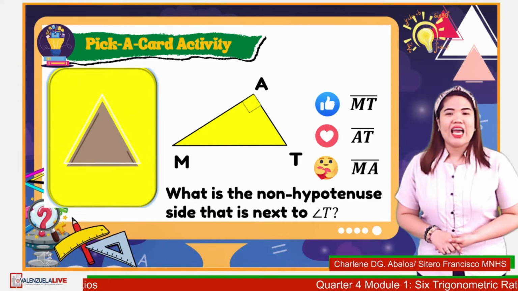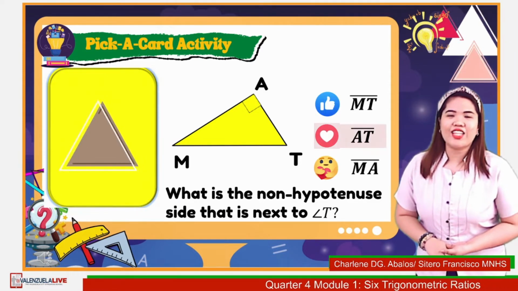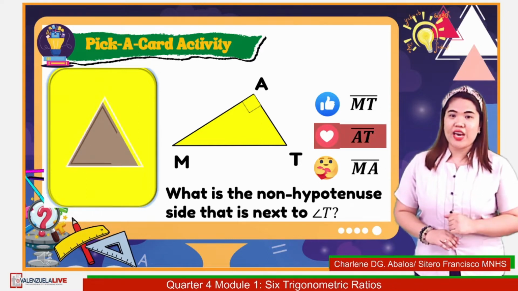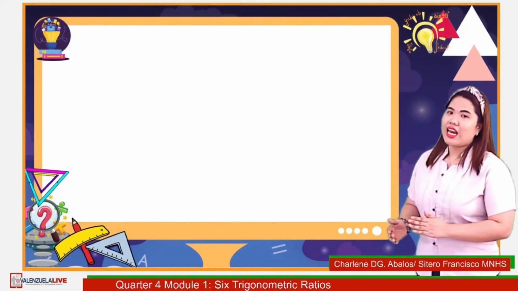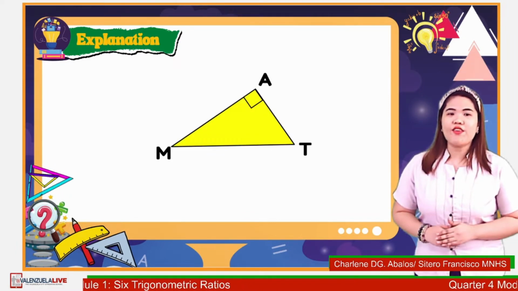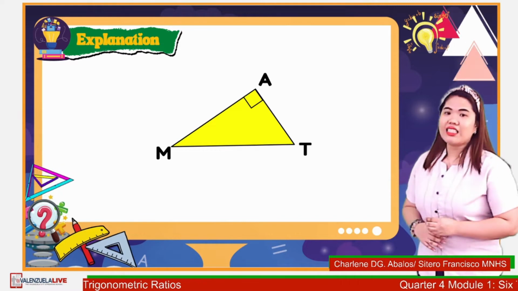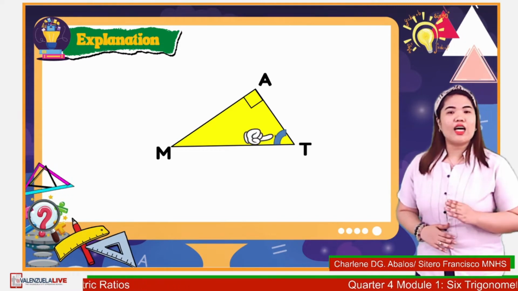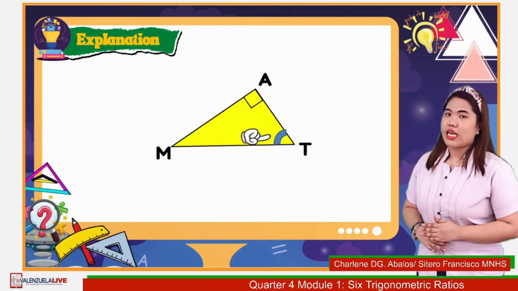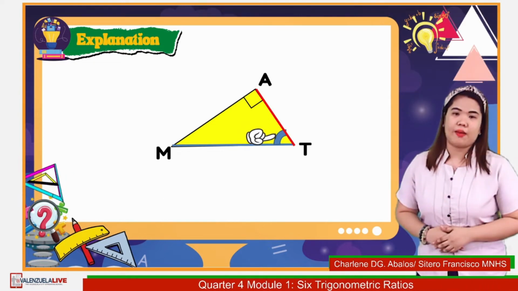Time is up. If you click heart reaction, then you are correct. Given triangle MAT, considering this angle T, the two sides next to it are segment MP and segment AP.